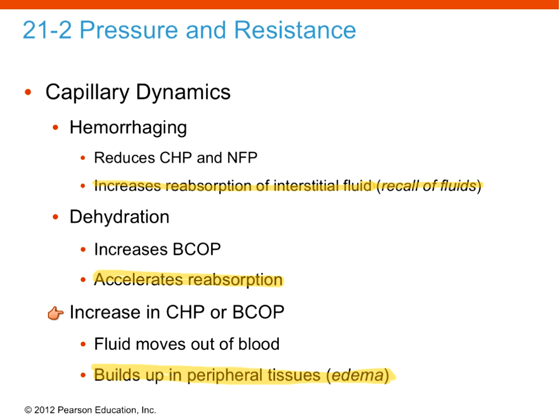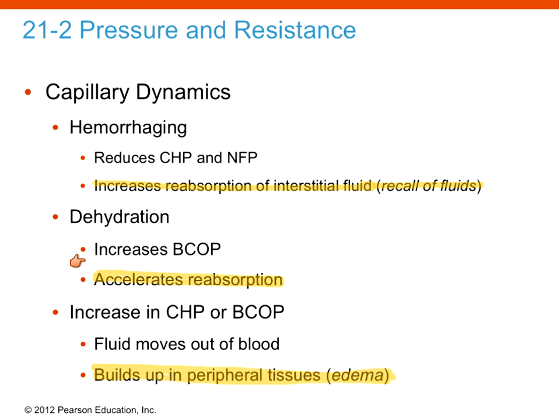It could be a result of injury or infection. But if we just look at the capillary dynamics, in a nutshell, anything that can increase capillary hydrostatic pressure or increase blood colloid osmotic pressure can have the tendency to move fluid out of the blood and cause this edema.